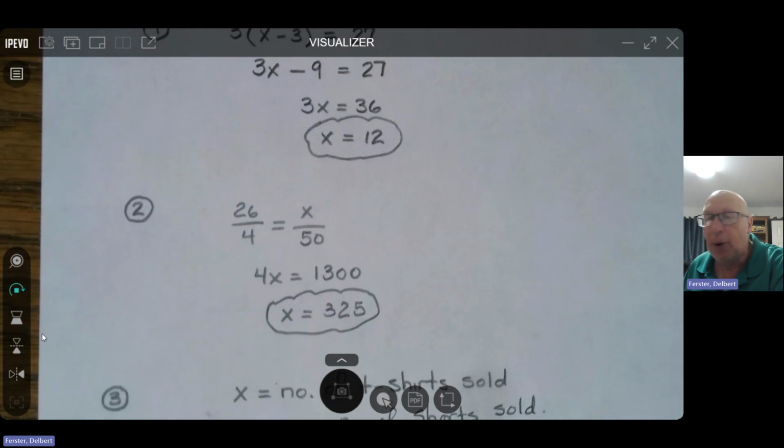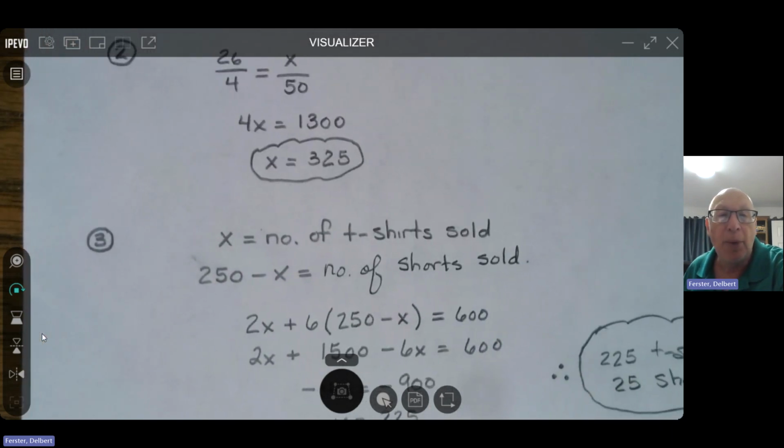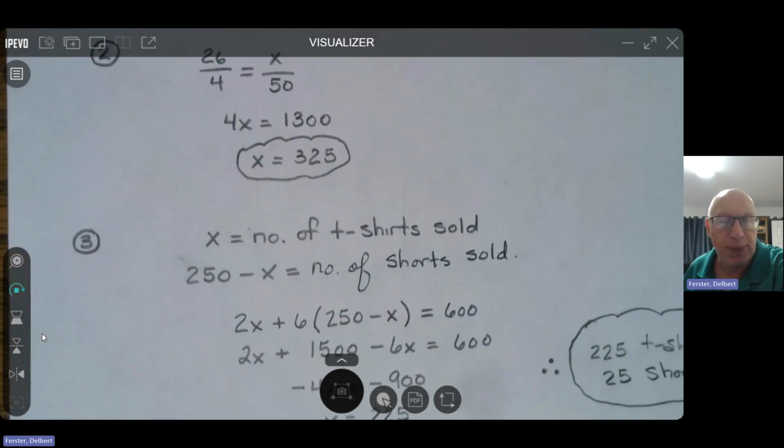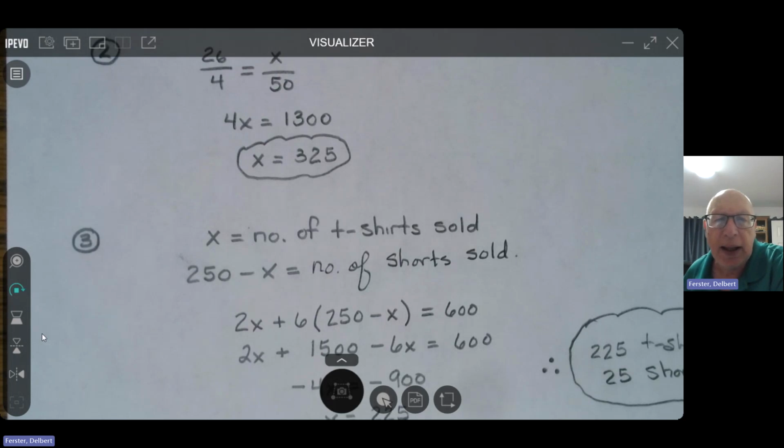Okay? Problem number 3, we get our first word problem involving t-shirts and shorts. So if you read the problem, it does tell us that there are a total of 250 items sold. I chose to let x represent the number of t-shirts being sold, and that leaves 250 minus x to represent the number of shorts that are being sold.